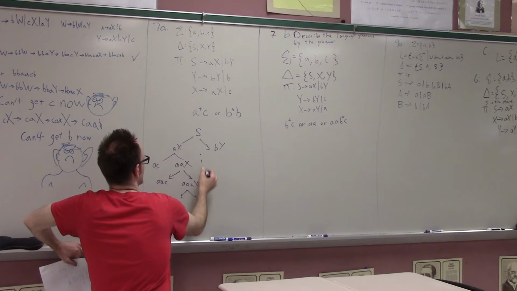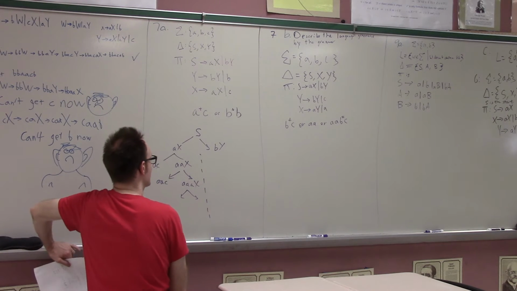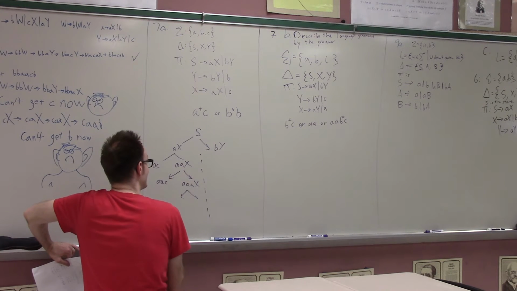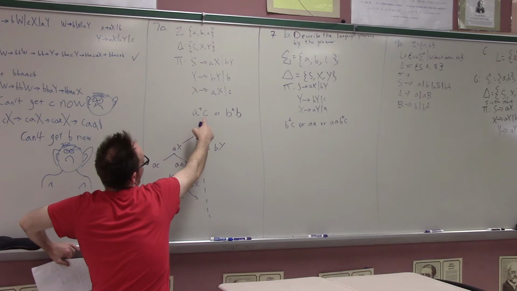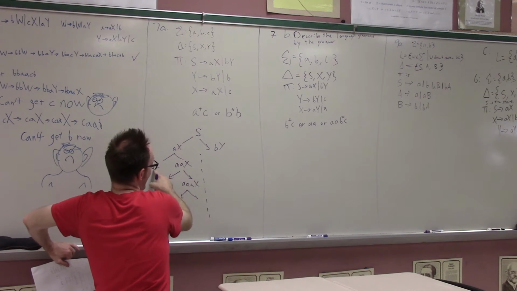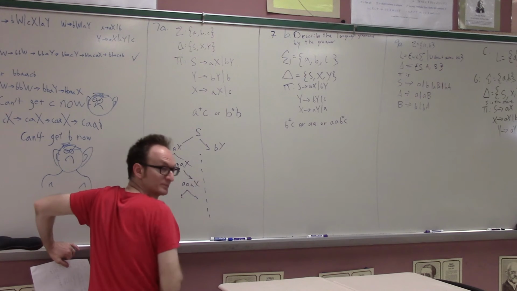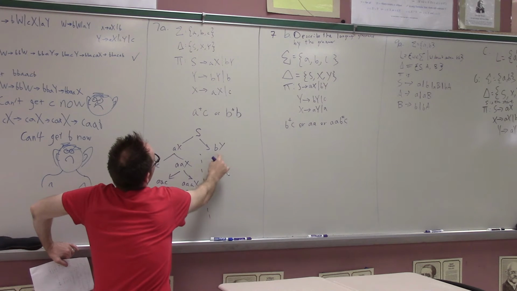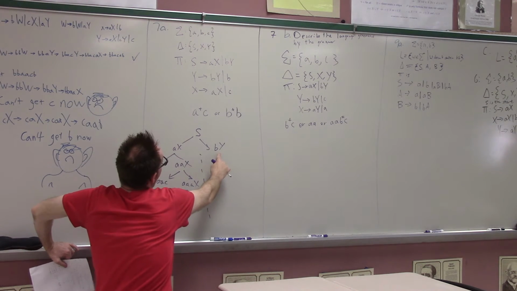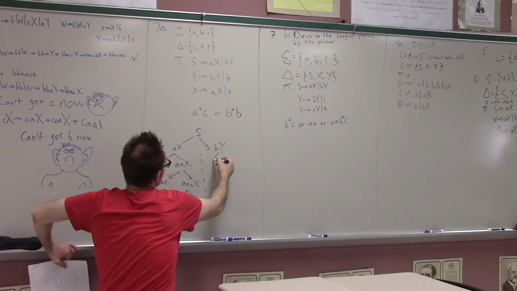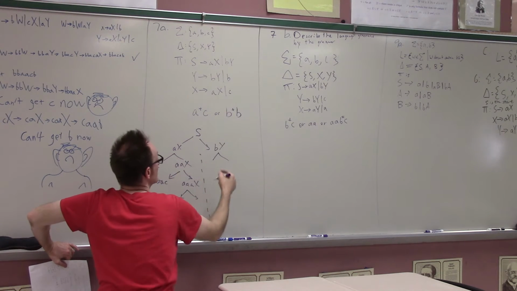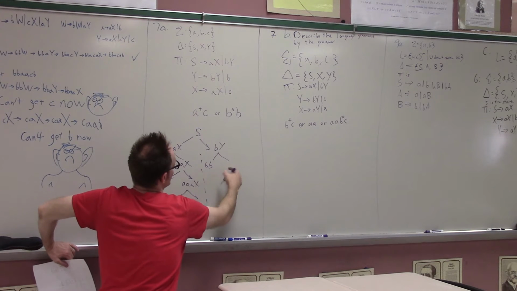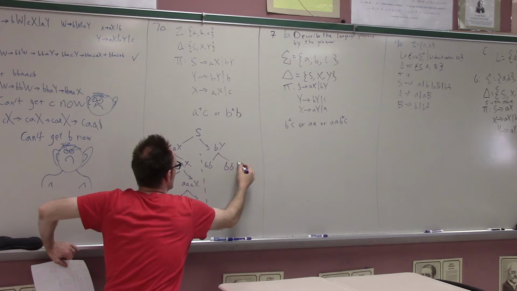It appears from the left-hand side of this tree that all of my strings are going to have at least one A followed by a C. So that's A plus C. On the right-hand side, if S goes to BY, then Y either ends it with a B, in which case we have BB, or Y gets replaced with BY, so we get BBY.